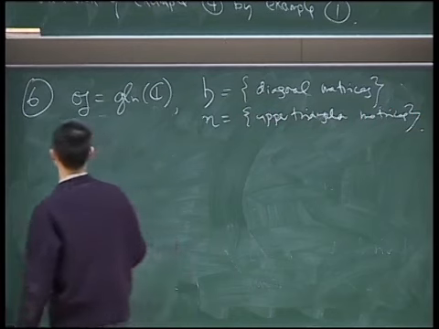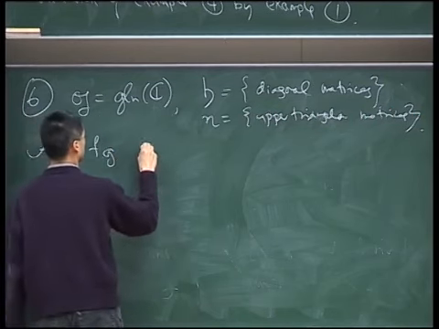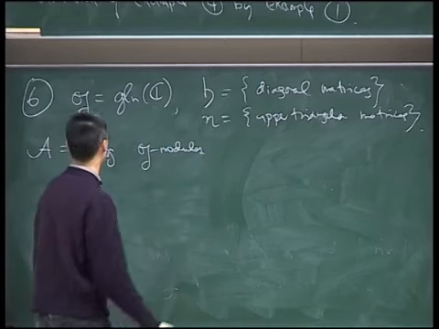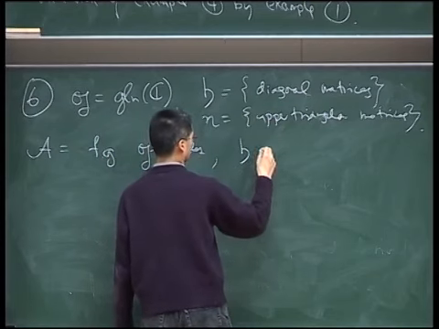Okay, and then we consider the category of finitely generated modules, which are diagonalizable over H.